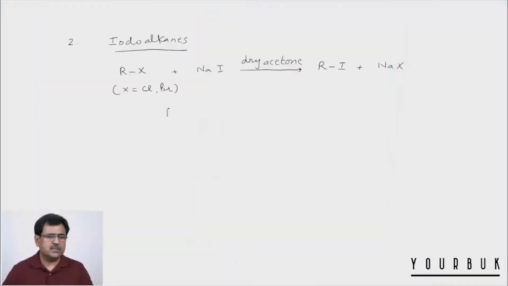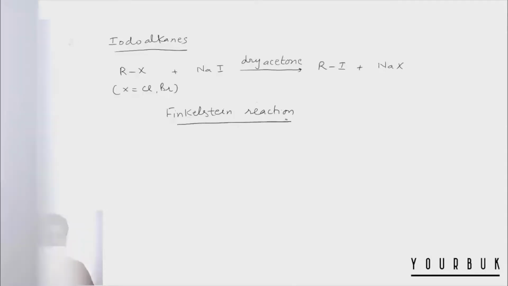Now this method of preparing iodoalkanes from chloro or bromoalkanes using sodium iodide in dry acetone is known as the Finkelstein reaction. The function of using dry acetone is that the side product sodium chloride or sodium bromide is insoluble in dry acetone, so it precipitates, and you remove these precipitates from the right hand side and shift the equilibrium in the forward direction. So that is the purpose of using dry acetone.